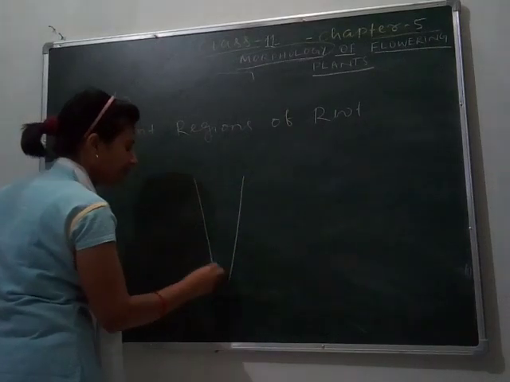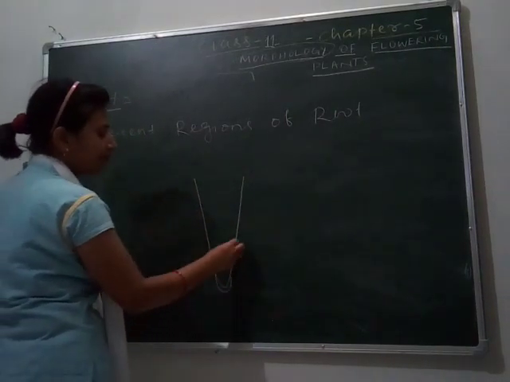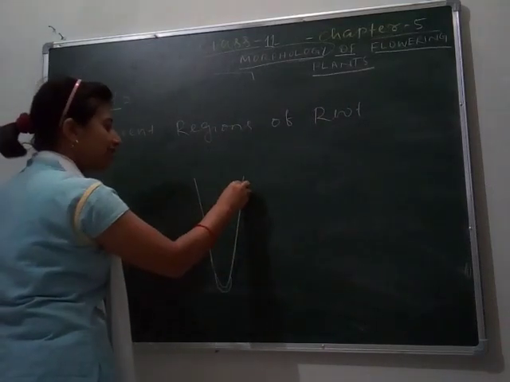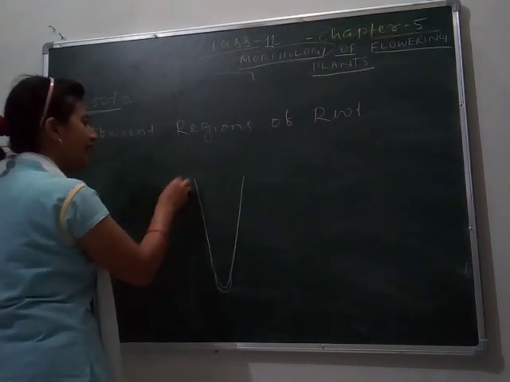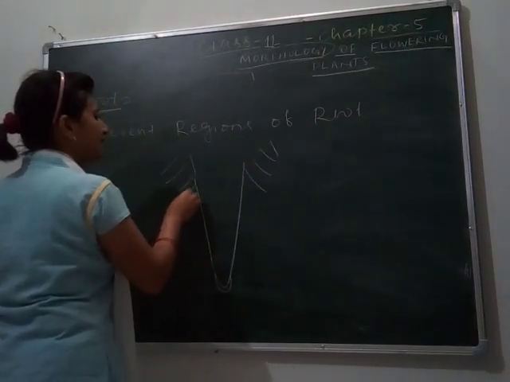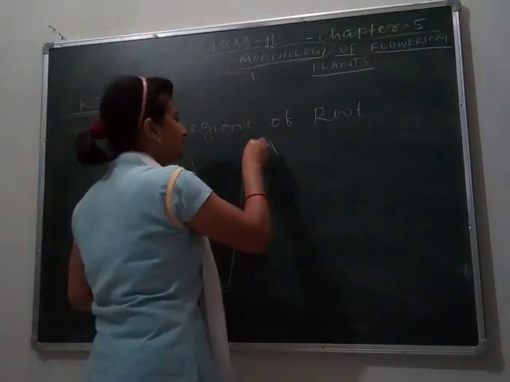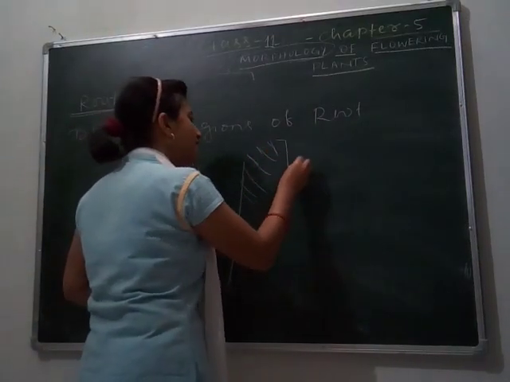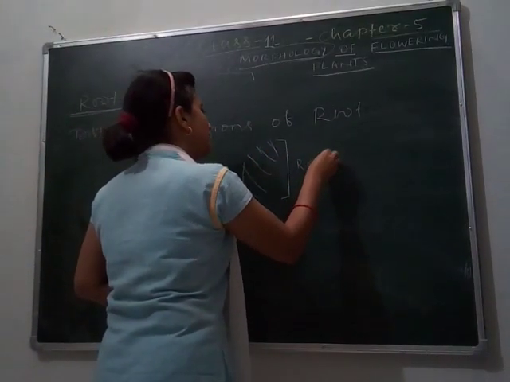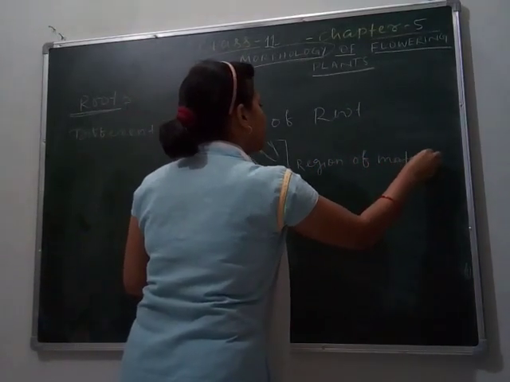Look at this. This is a root and this is its root cap. This is the meristematic region. This is the region of elongation, and from here root hairs arise. So let's divide these parts. This part is the region of maturation.